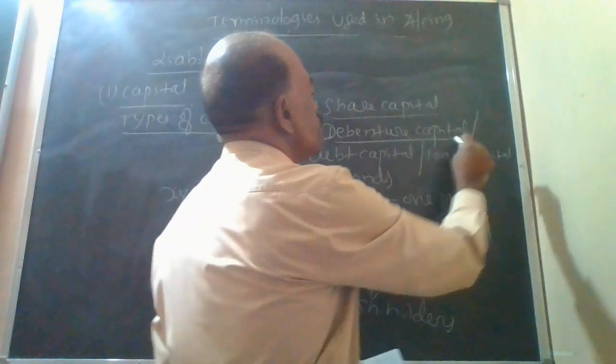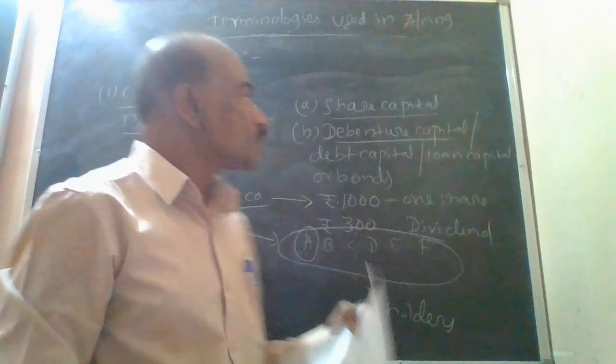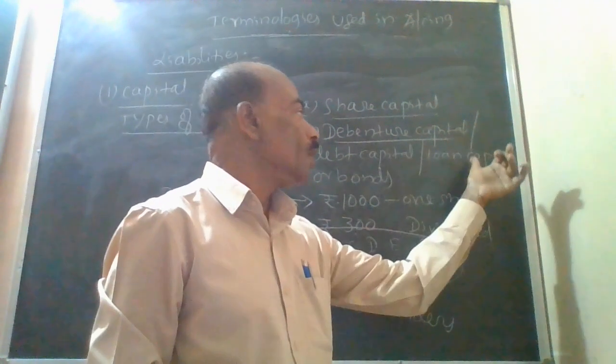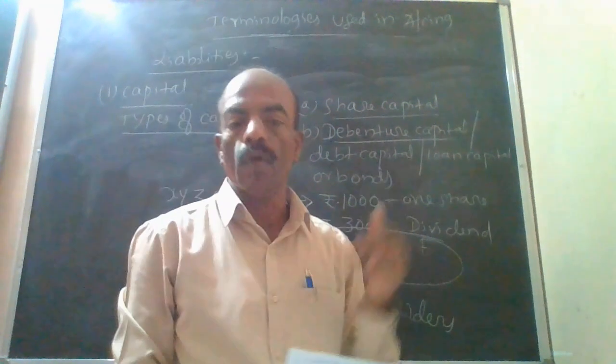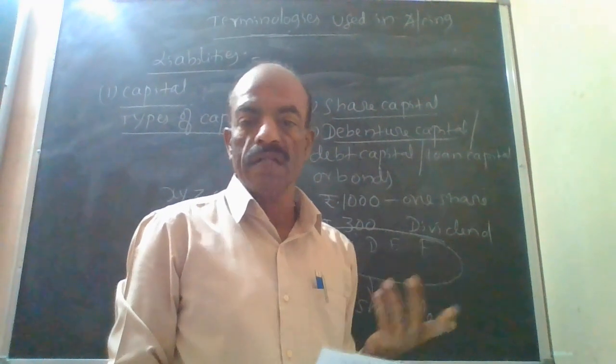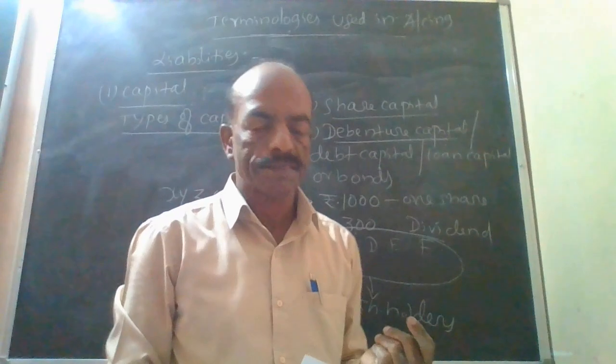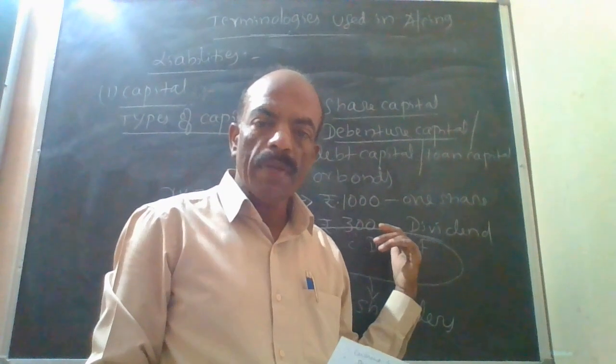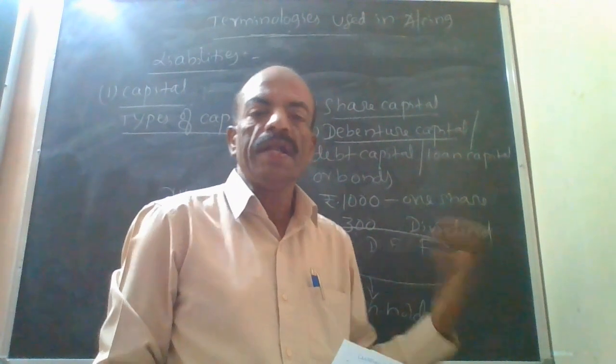Another is debenture capital. It is also called debt capital, loan capital. It's also called bonds. You have heard about ICICI bonds, IDBI bonds. That is nothing but debentures. In case of debentures, the company is paying interest.